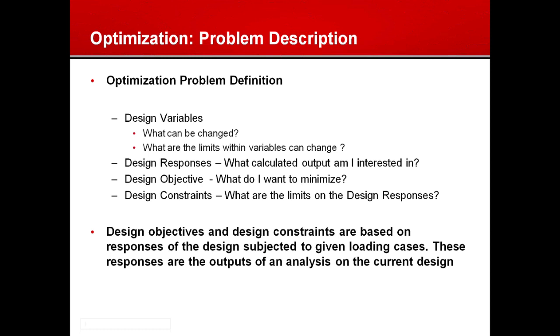If your current design goes above the allowable values, optimization will try to bring that within the bounds, while meeting the design objective, which may be your minimization of your weight or some RMS stress value. So that's basically the optimization problem statement that you're trying to define when you do optimization.